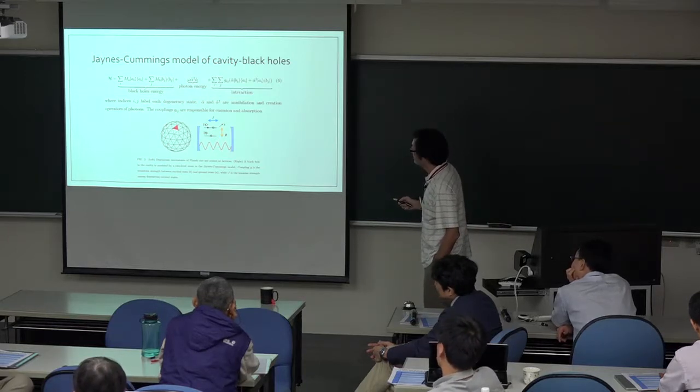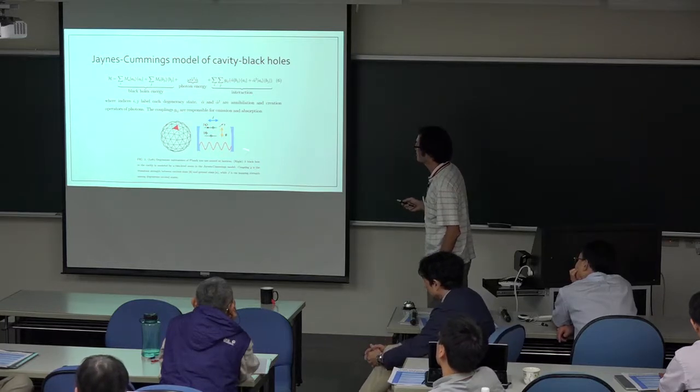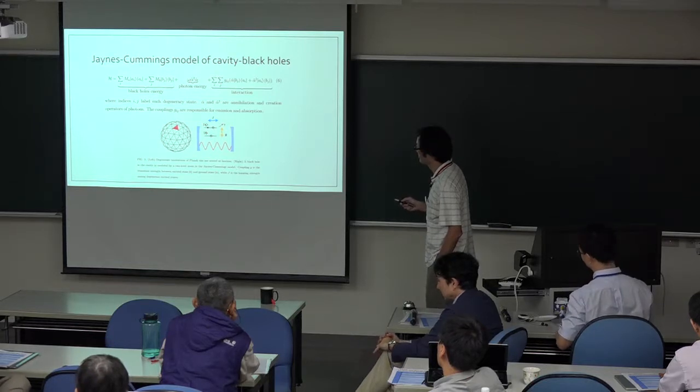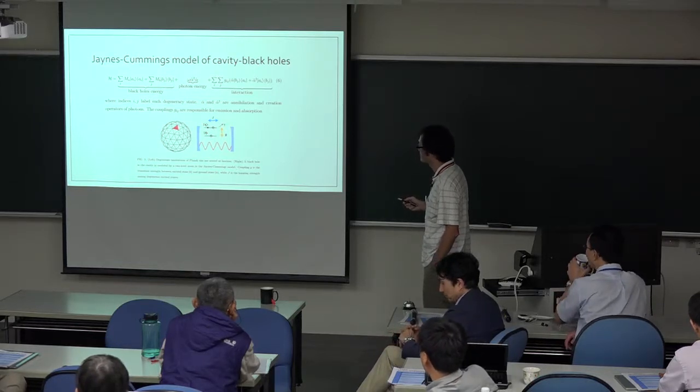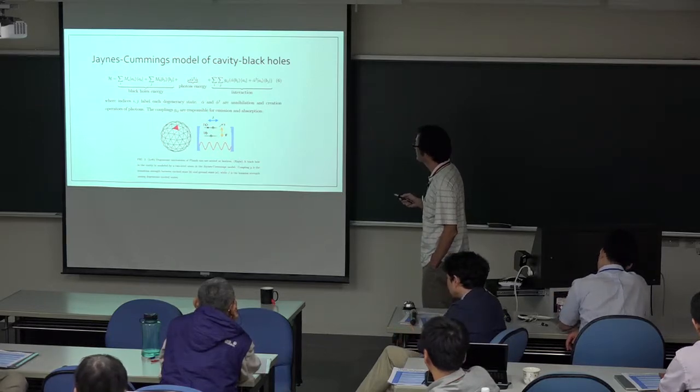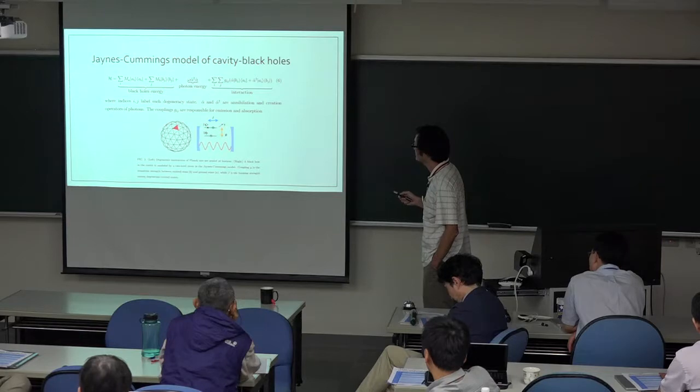Because a black hole has a lot of degeneracy, this IJ index corresponds to the degeneracy, which is exponentially large. And then we also have photons in the cavity, so all the Hawking radiation, let's say in the form of photons, bounces back, and there's photon energy in the cavity as well.